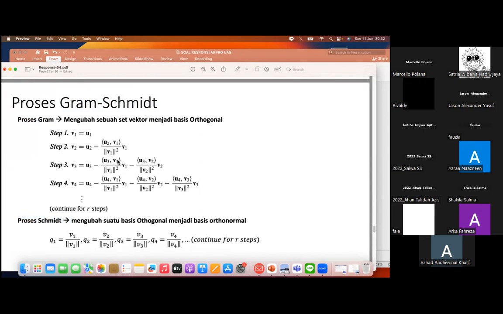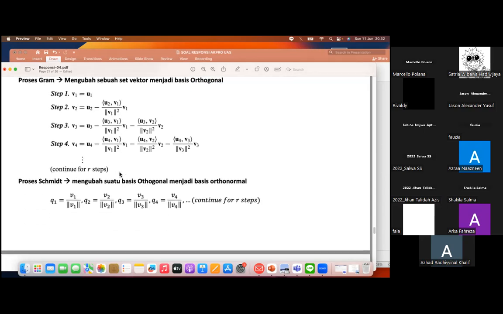The Gram process changes a regular basis to an orthogonal basis. So this is the formula. And the Schmidt process converts an orthogonal basis to an orthonormal basis, which is the continuation of the Gram process. Okay.